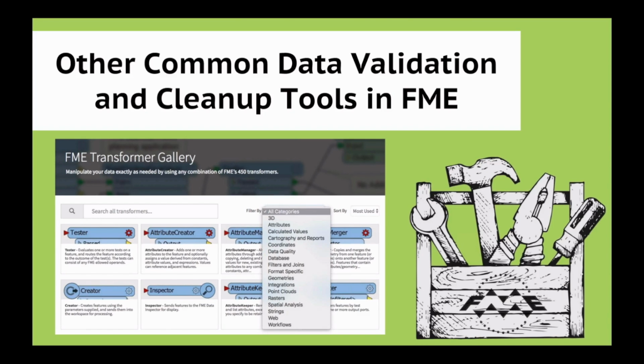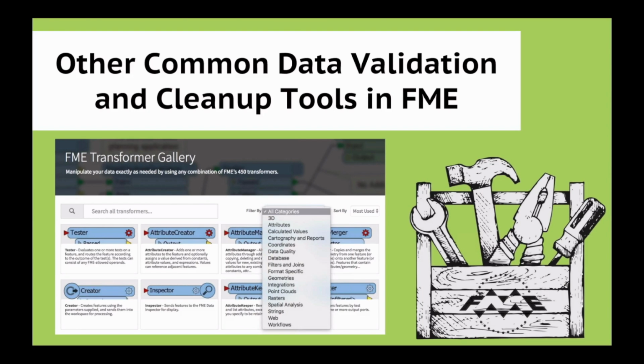So those are some other common data validation and cleanup tools in FME. There are over 450 different transformers, which is quite daunting when you're trying to figure out what to do and how to manipulate your data. The FME Transformer Gallery on safe.com is a really good resource to find more information about your transformers. Say you're trying to find some more string transformers, you can filter by strings, or just type in string and it'll pop up different transformers.